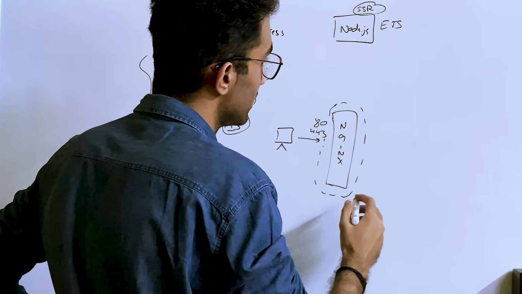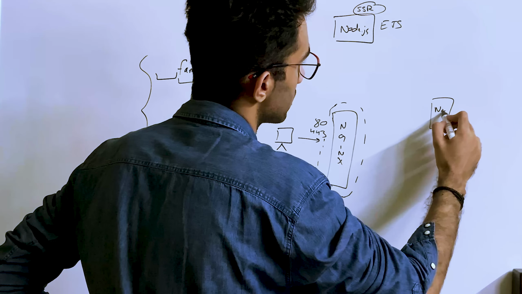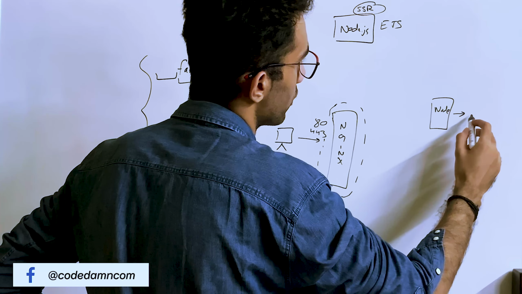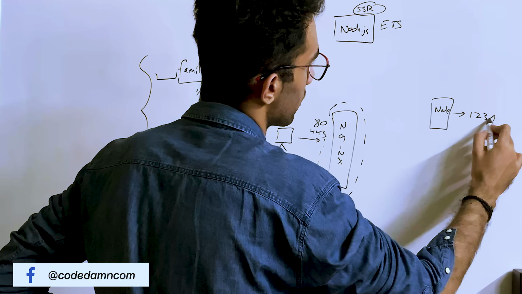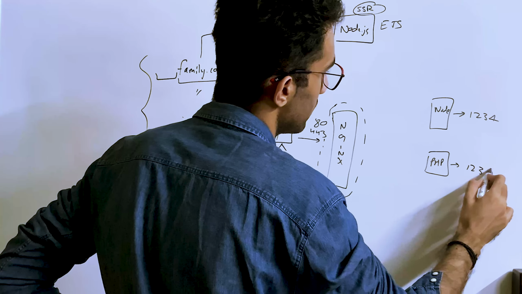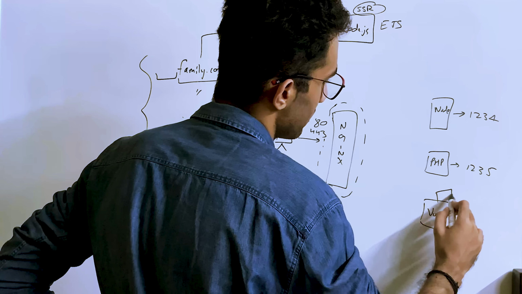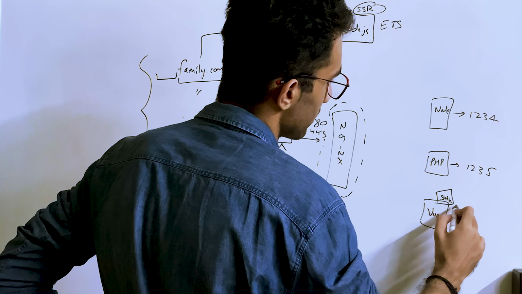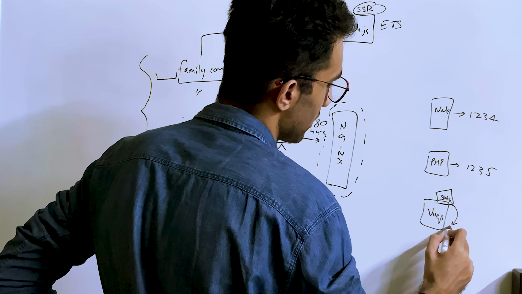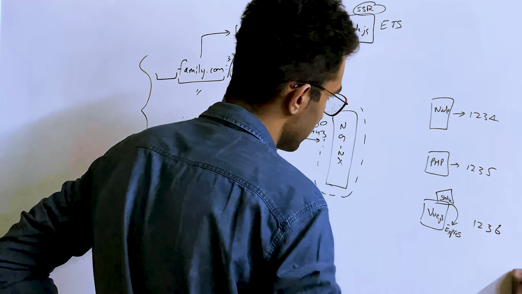So let's say you have a Node.js server here, which listens on port 1234, right? Then you have a PHP server, which is listening on 1235. Then you have a Vue.js server, which is of course static. So these are just static files, but there's a static server running with the help of Express or whatever, and this is on 1236, let's say.